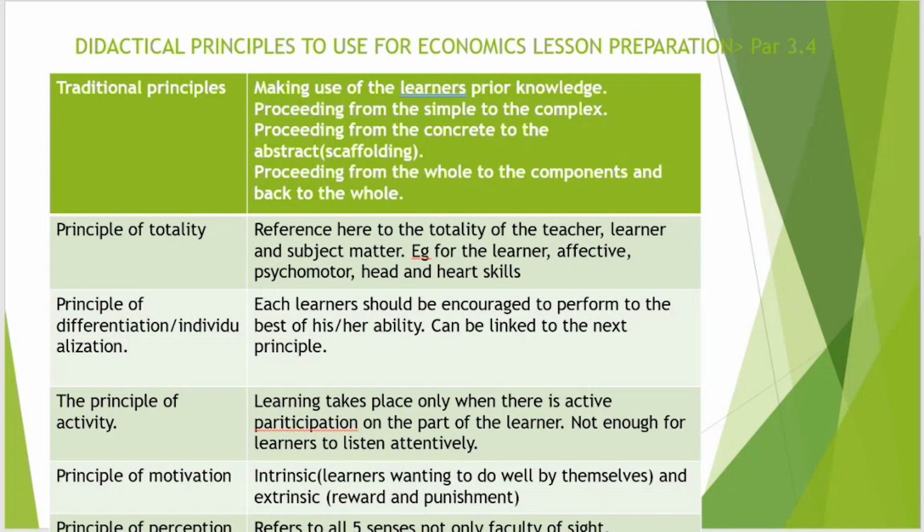And then extrinsic motivation, where the question of reward and punishment comes to the fore. If you do not achieve 40% in this test, you will have to come back and do it again after school. And they don't like that. And we hope that through such punishment, they will try to do well and not be punished again.